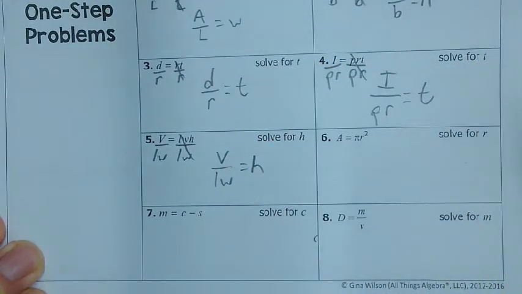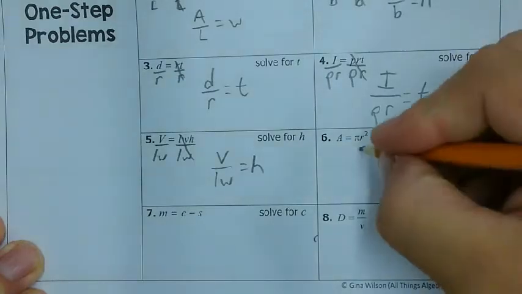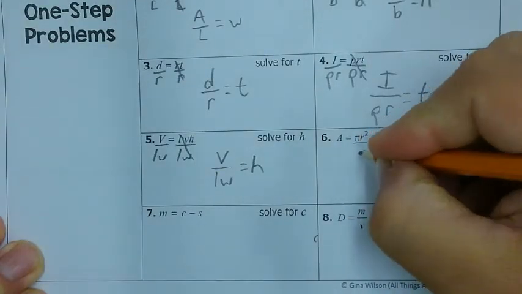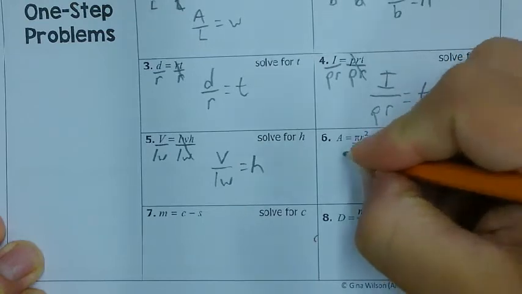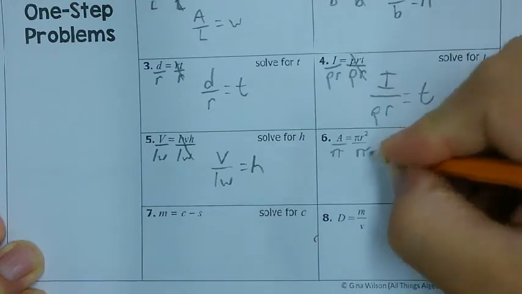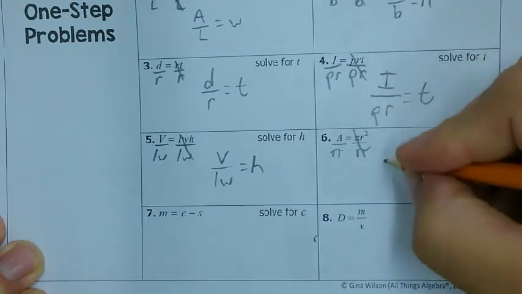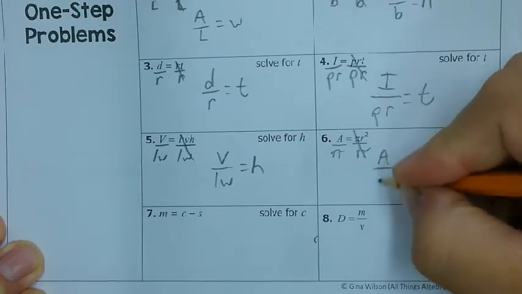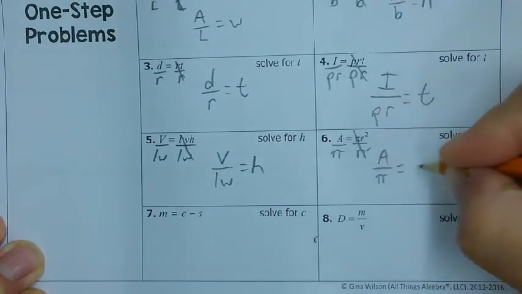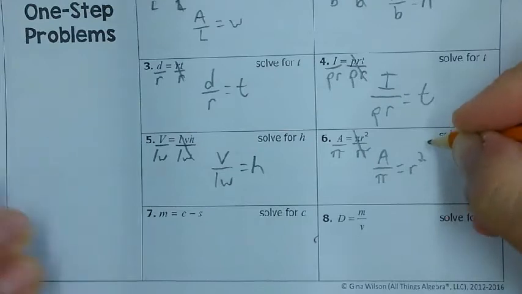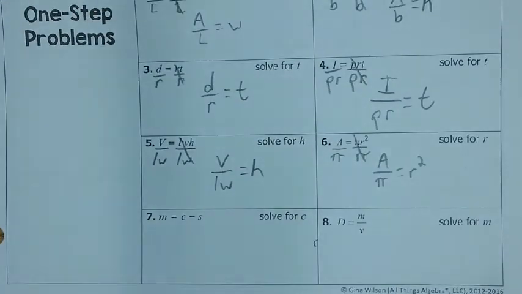Okay, now number 6 does look different. So we're trying to get R by itself. First you're going to divide by pi to get rid of pi. Now this is where it gets confusing. So now we have A over pi equals R squared. Do we have R by itself? No. Next part. Does anybody know what the opposite of square means?